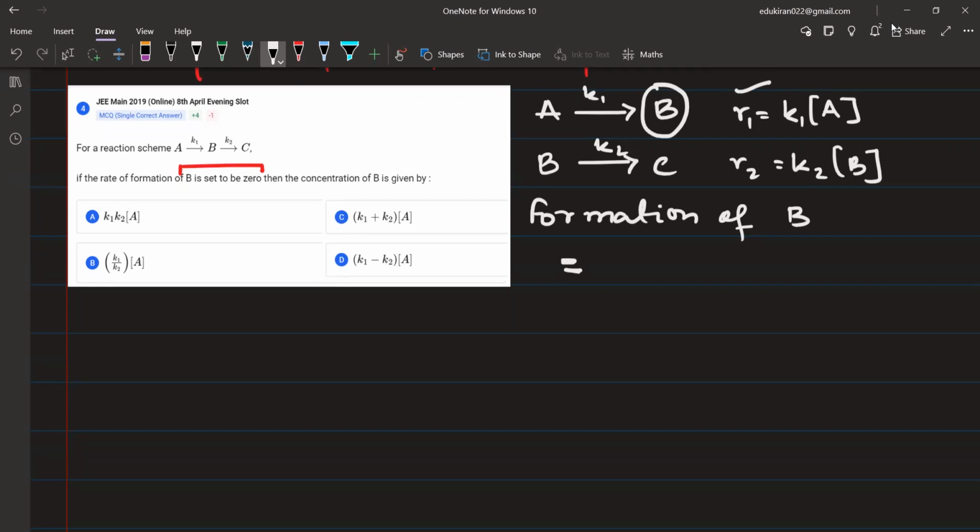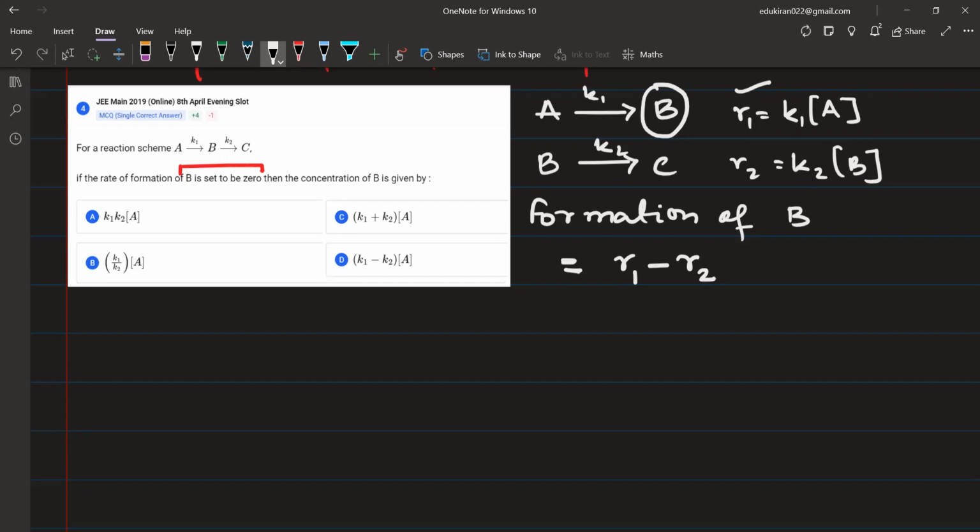B is getting consumed. So we are forming B with R1, yes or no? And then B is getting consumed by the second reaction. So the rate of formation of B will be equal to R1, by which it is formed, minus R2, by which it is consumed. Is this clear? Yes or no? Please tell me. Yes, sir.